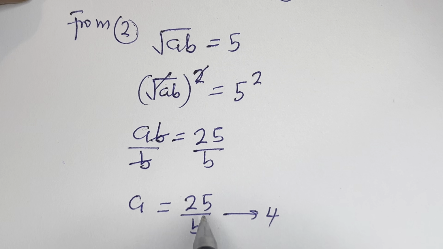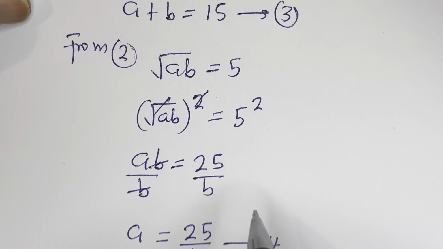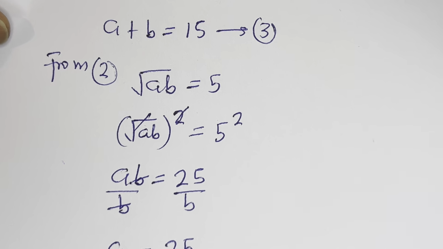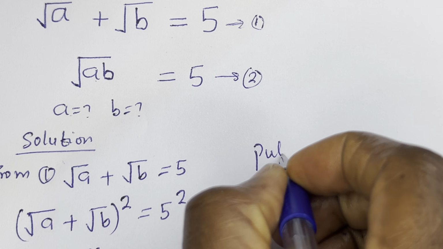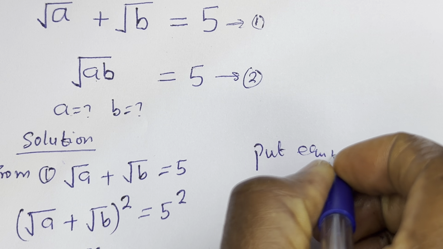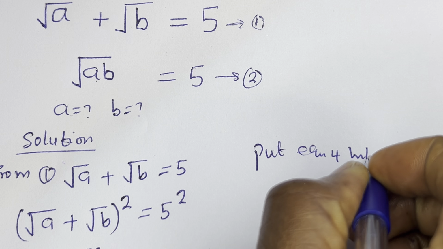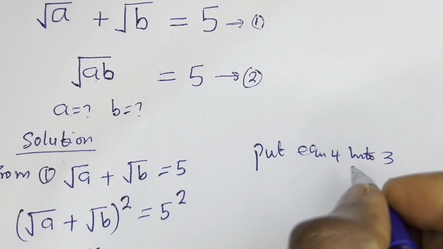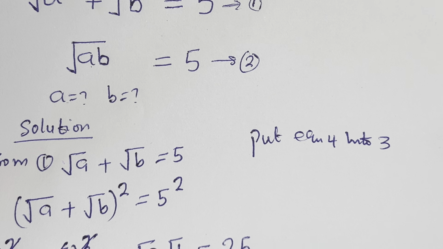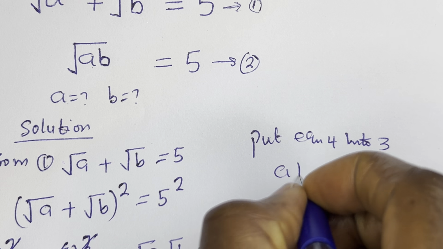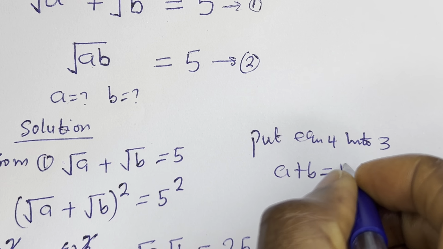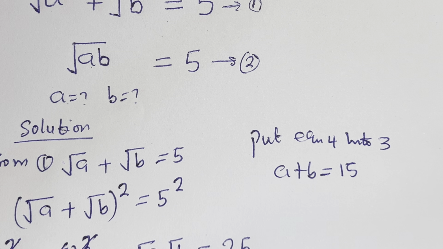Now let us substitute equation 4 into equation 3. Equation 3 is a plus b is equal to 15. Then we know equation 4, we can now substitute for a.